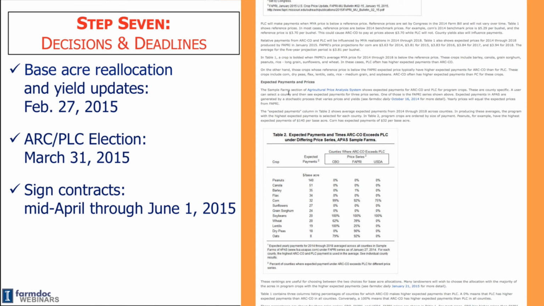But Gary's right. Run the tools on it, especially with yields in your county and on your farm, and get a sense what each of these crops look like. And just as general guidance, we see ARC-CO and PLC coming more in play for corn, soybeans, wheat, lentils, and oats. Grain sorghum, you're probably shading more towards PLC, but you should run the numbers yourselves.